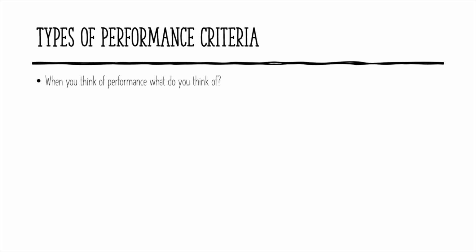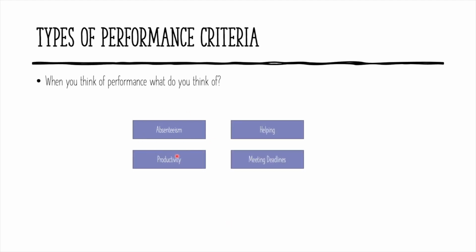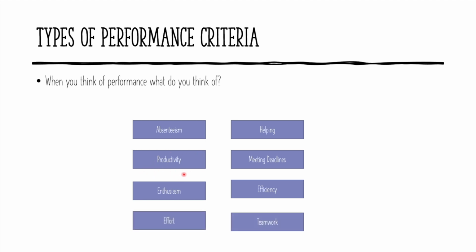So what type of things did you think of? Some of the things that you may have thought of are like absenteeism, if you're coming into work, helping behaviors, whether or not you're doing your job, whether or not you're productive, whether you meet deadlines, how efficiently you're meeting these deadlines, your general enthusiasm, how much effort you're putting in, teamwork, all of these things.